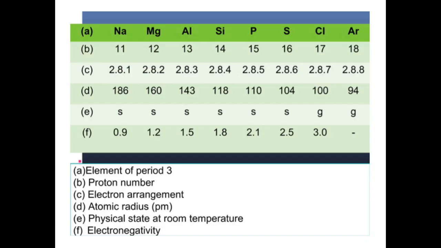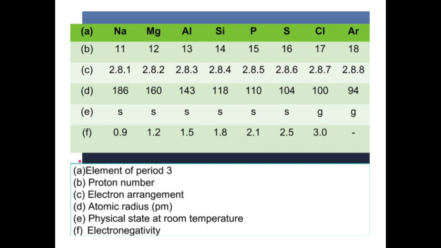Okay, let's also look at a few other properties. We have looked at the proton number, the elements, and the electronic arrangement. Now let's look at the atomic radius in terms of numbers. We have talked about the size and the radius in terms of the structure. Now the atomic radius here is measured in picometres. You will see that as you are moving across the period, it is decreasing.